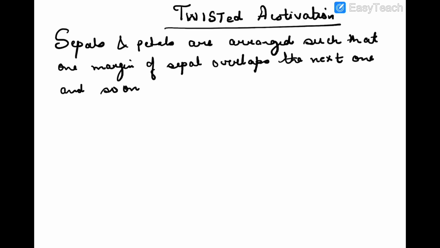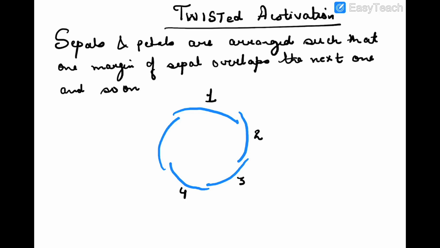Let us understand this with the help of a diagram. This is twisted estivation. This is the first sepal, this is the second, third, fourth and fifth.